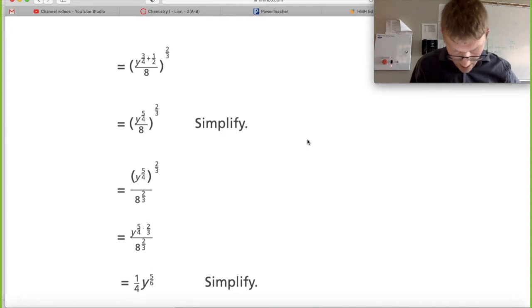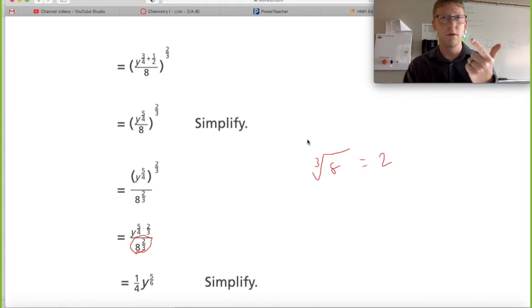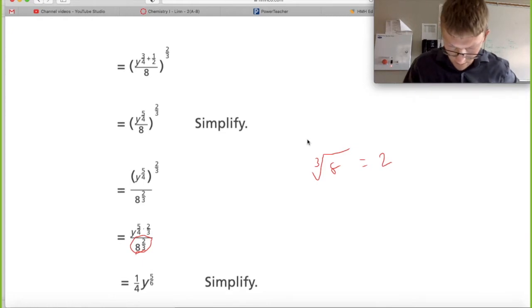So they either shoved this in a calculator or they just knew the cubed root of 8 is 2. Think about it. 2 times 2 is 4 times 2 is 8. And then they raised the 2 to the second power, which then equals 4.